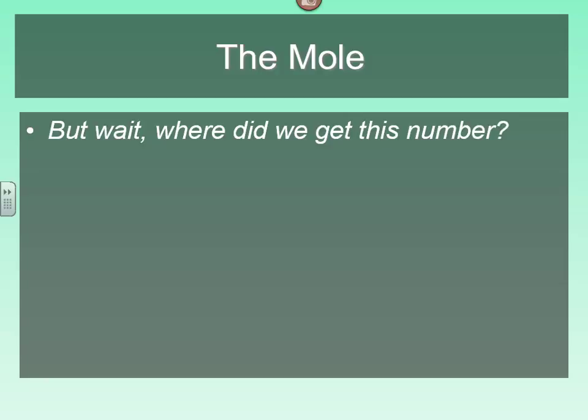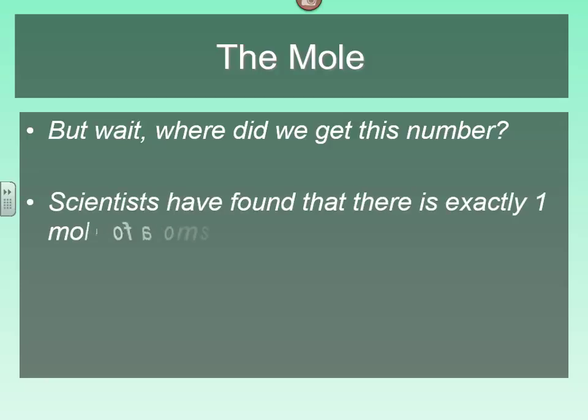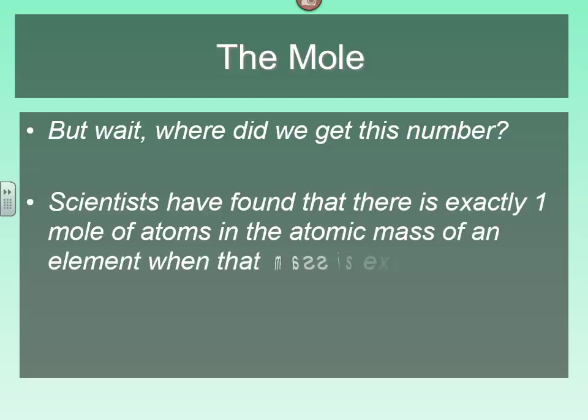Okay, so where did this number come from? This is kind of a strange number. It just seems to be a random number that we pulled out of the air. It turns out that scientists have found that there is exactly 1 mole of atoms in the atomic mass of an element when that mass is expressed in grams.